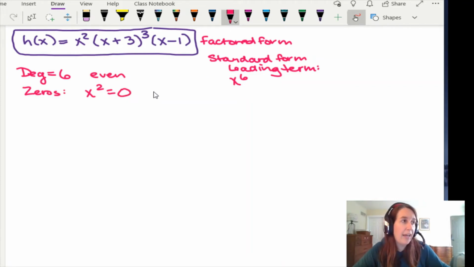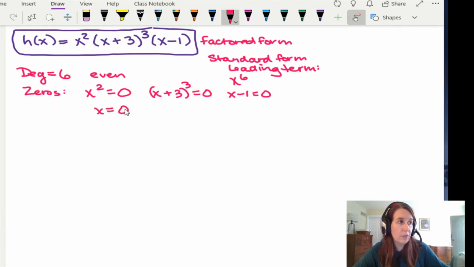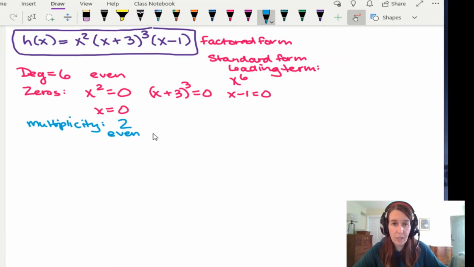And then we have (x plus 3) cubed equals 0, and then we have x minus 1 equals 0. So this zero is x equals 0, and the multiplicity for this zero, since it's x squared, is 2. And also that's an even multiplicity because 2 is an even number.